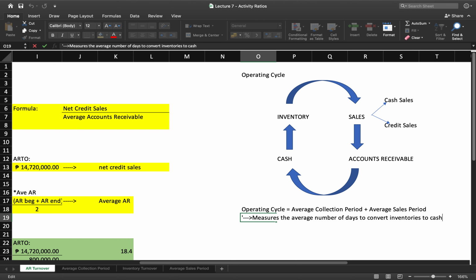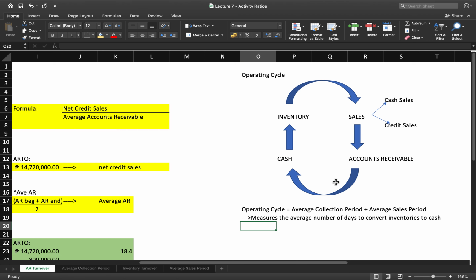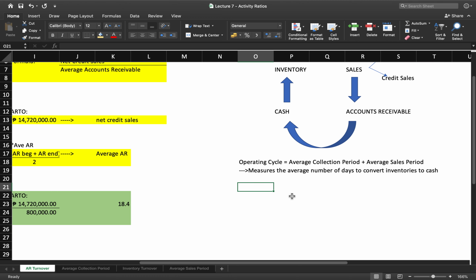So, yung whole cycle na, no? From inventory all the way to cash. So, magagawa ba natin? I think yes, no? Magagawa natin.